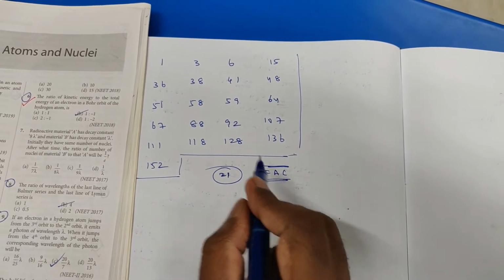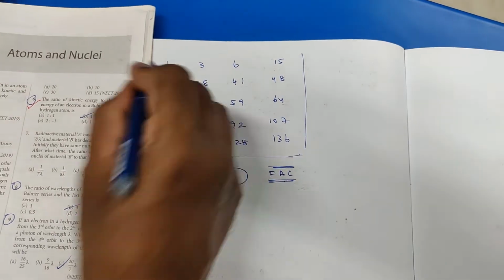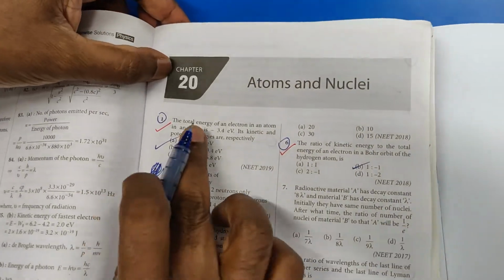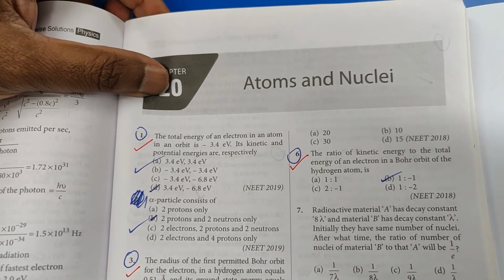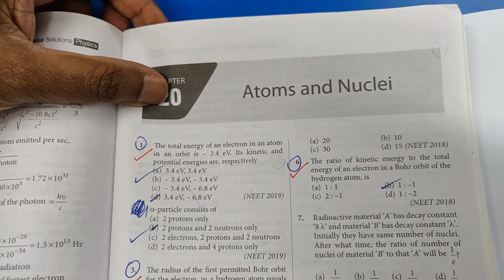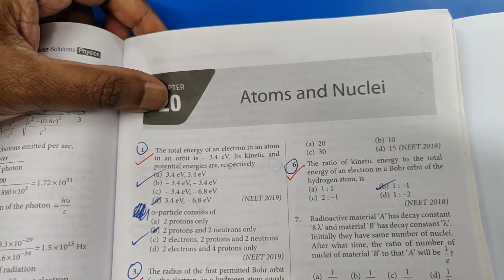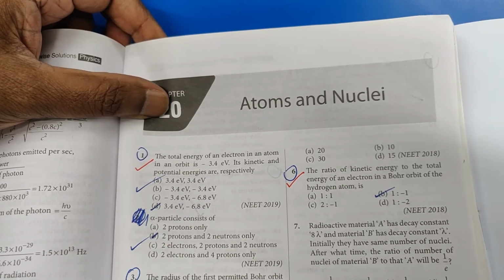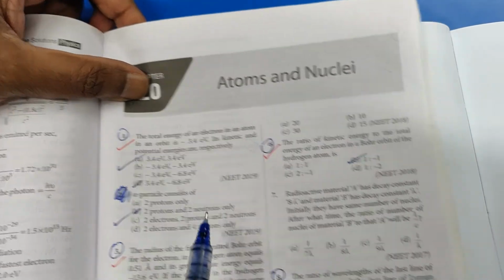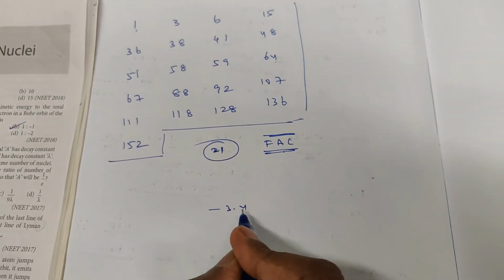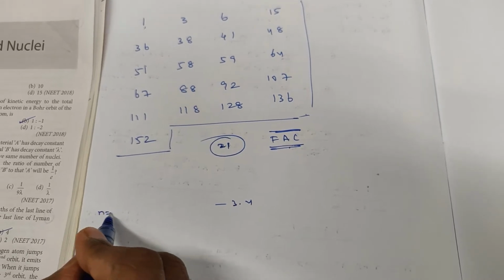Okay, now based on the energy level diagram, this question 1. Look at this question. This is NEET 2019. The total energy of an electron in an atom in an orbit is minus 3.4. That means this is n is equal to 2. Its kinetic energy and potential energy? Total energy minus 3.4, immediately you can say this is n is equal to 2.